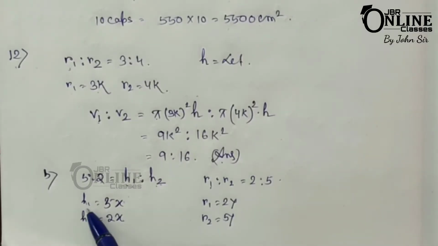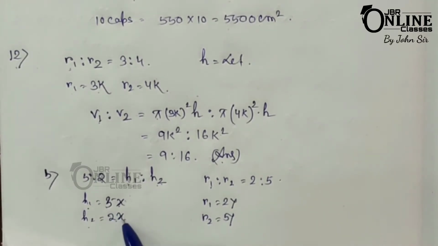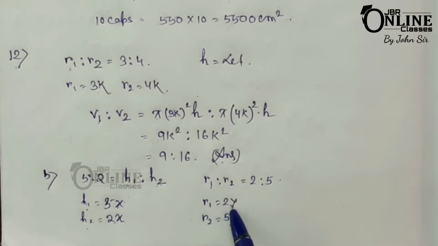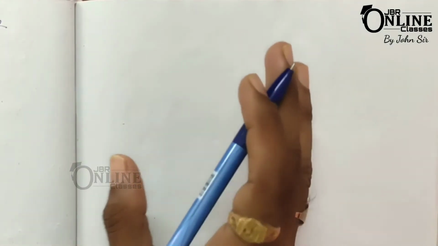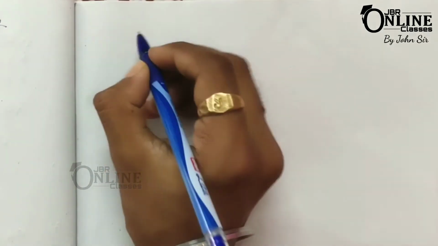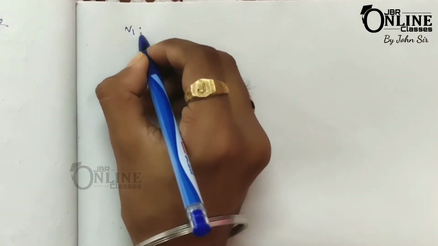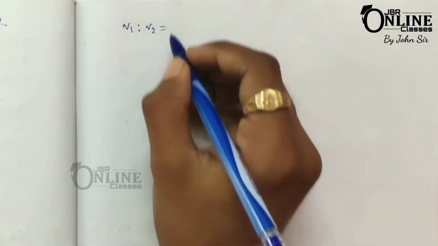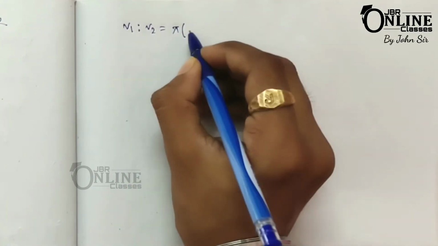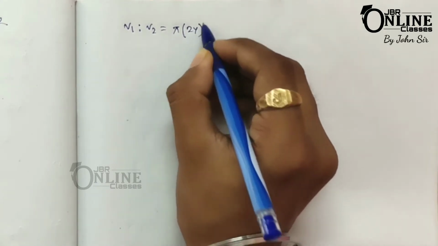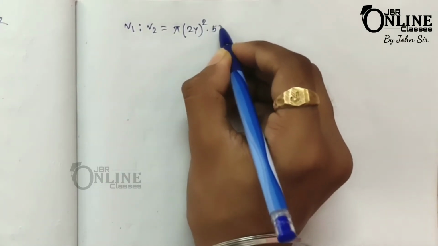So here h1 equal to 5x and h2 equal to 2x, where x is the proportional constant, and r1 equal to 2y and r2 equal to 5y, where y is the proportional constant. Now we have to find the ratio of the two volumes. Consider V1 as the first volume and V2 as the second volume. The formula is pi r square h, that means pi, now R1 is 2y, so 2y whole square, and h equal to 5x.